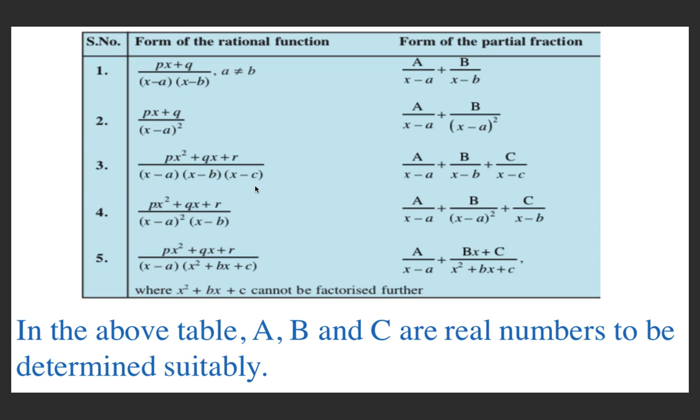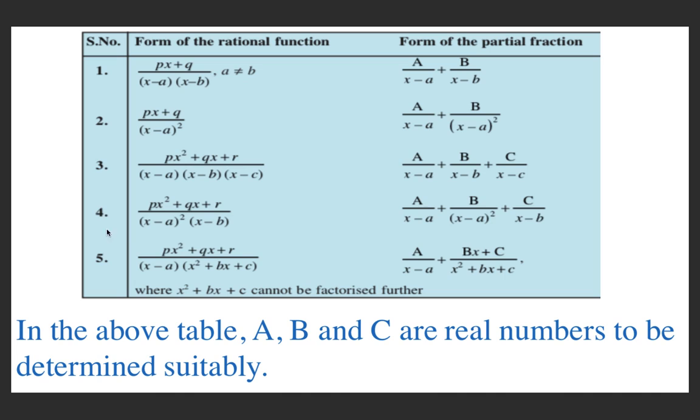This is the case of three linear factors. So here we can write in the same way A upon x - a plus B upon x - b plus C upon x - c. If we have one more factor, then we will write D upon x - d, and so on. So in case of linear factors, we always write A upon first linear factor plus B upon second linear factor plus C upon third linear factor, and so on.